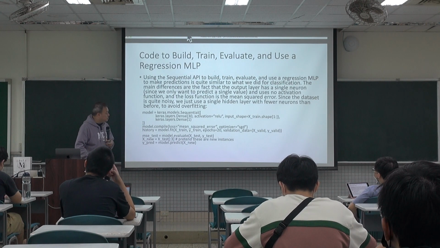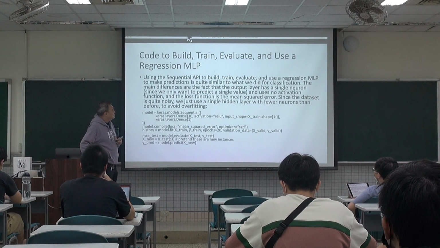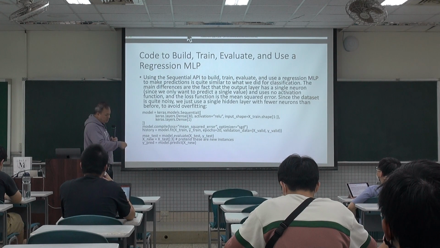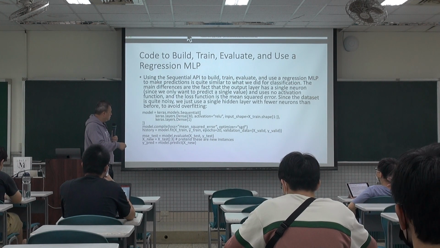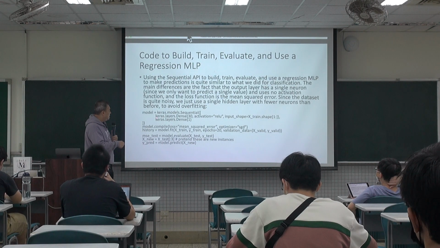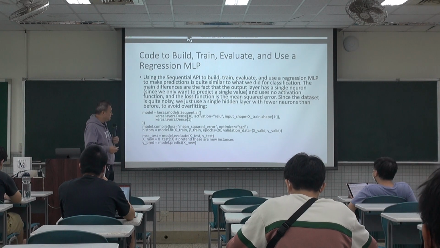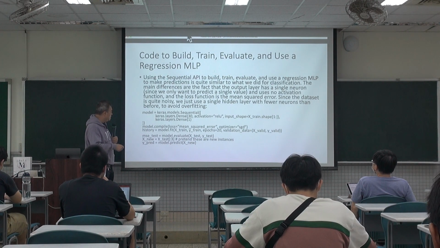Since the house price is positive, you can also consider using the ReLU activation for your output layer, but of course, if you don't want to use that, it should be fine. And you can see this is a much easier model, as I said, than the fashion MNIST one.